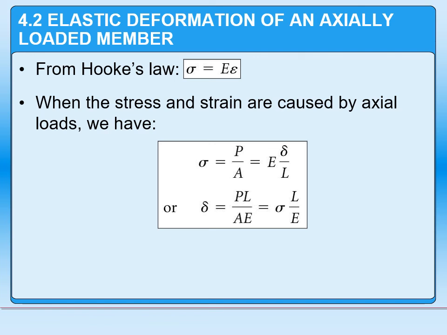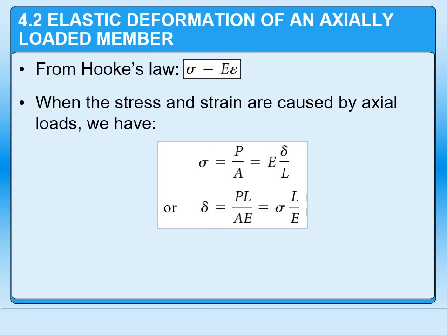As a result, we can then use Hooke's law to show that this is going to be equal to the modulus times strain, but strain is defined as the deformation divided by the original length. So if we were to define just the deformation, we could manipulate this equation around to show that deformation is equal to force times length divided by area times modulus.